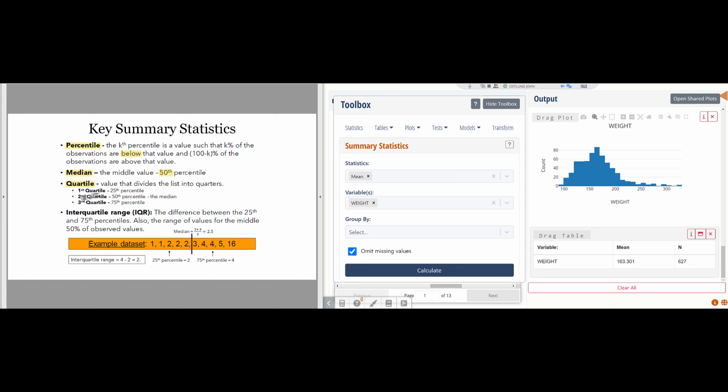Now, we call the middle two quartiles the interquartile range, or IQR. So from the 25th percentile to the 75th percentile, that is the middle 50%, the middle half of the observations.